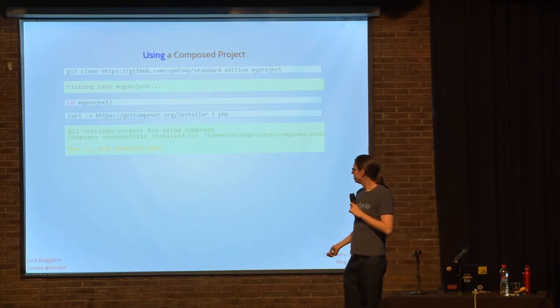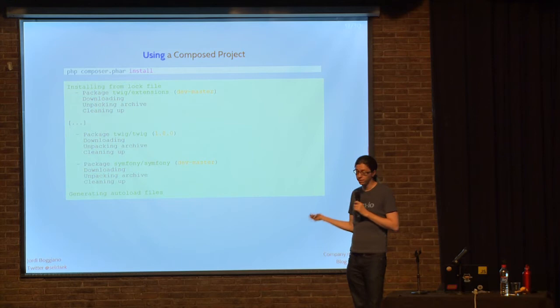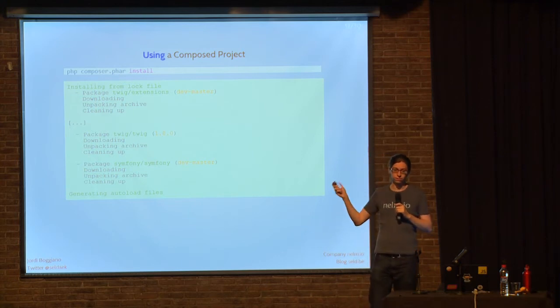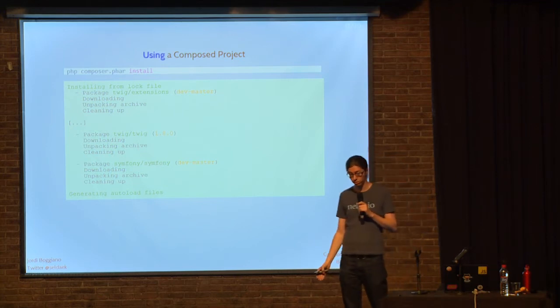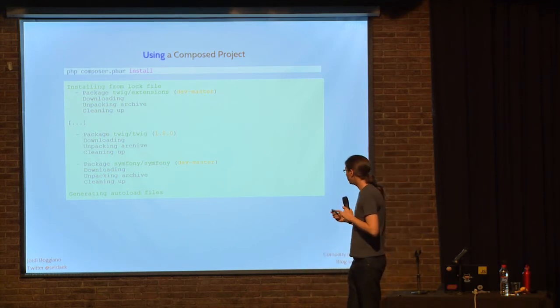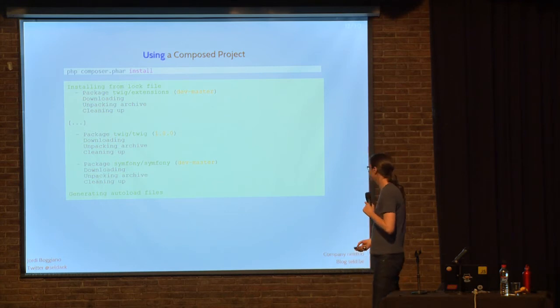Then pretty much all you have to do is saying php composer.phar install. That will just start installing dependencies of that project. Now, there are a few things to note here maybe.